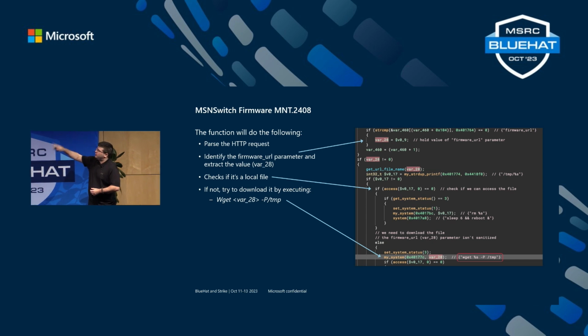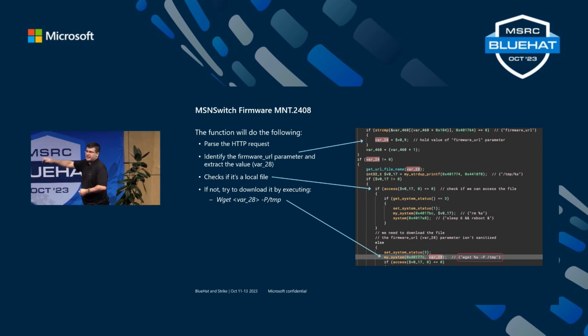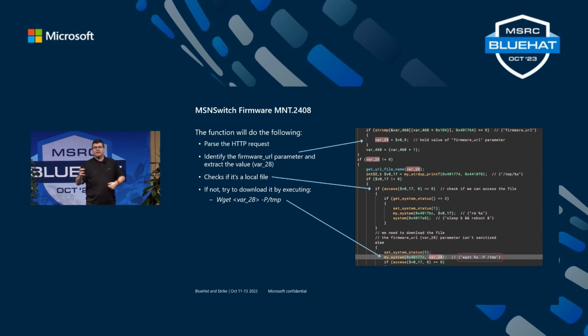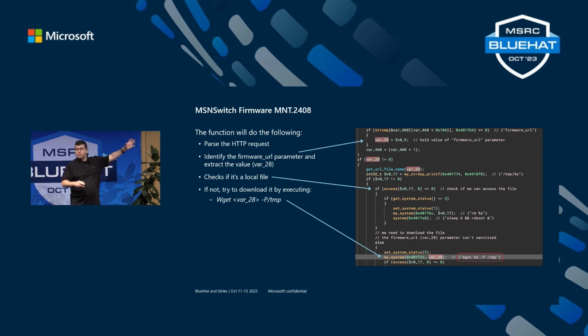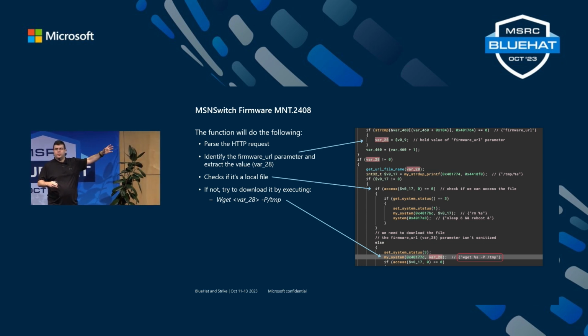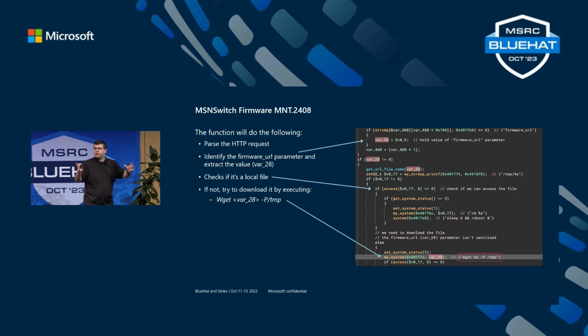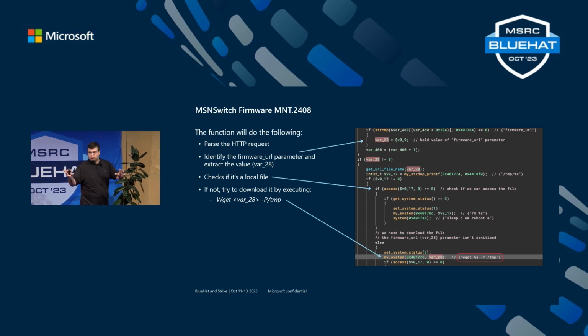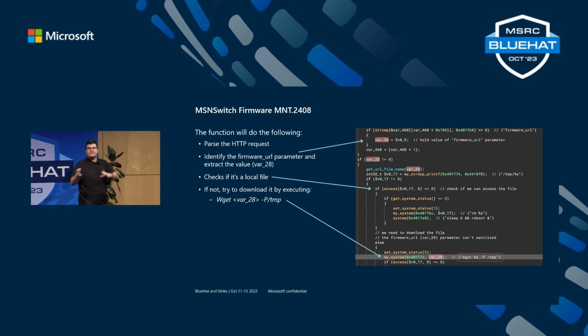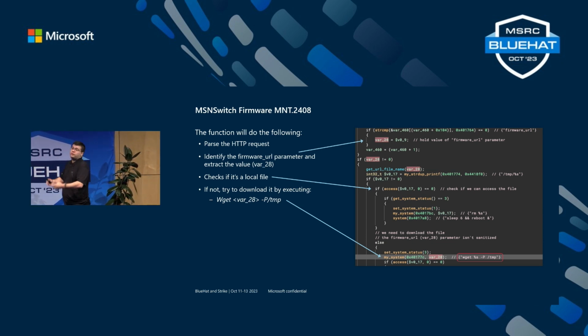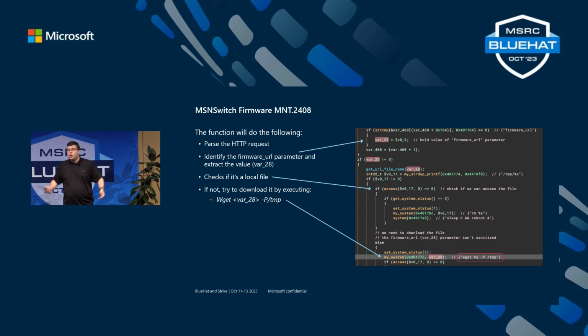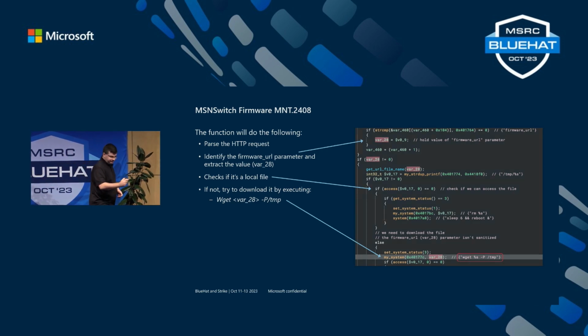I won't bother you with all the details. You can see the slide. But the main thing here is that the input that we're going to get from the web parameter, which is fully controlled by the user, just so you remember, is actually sent to the wget command without any kind of sanitization at all. And of course, you may ask, what's wrong with that? Well, I'm glad that you asked. Let me tell you.